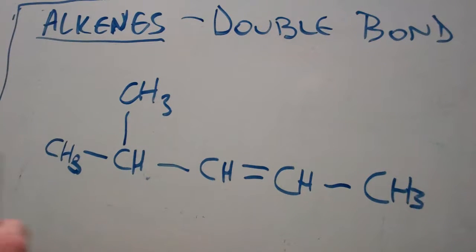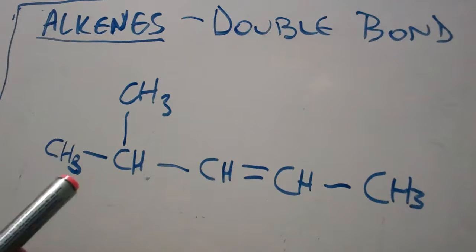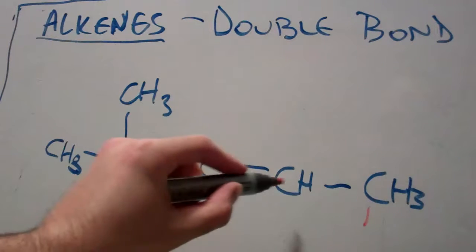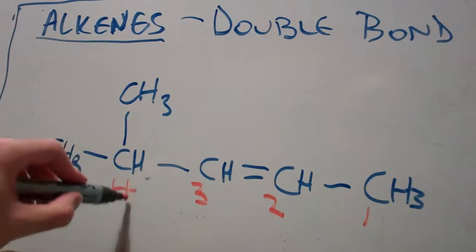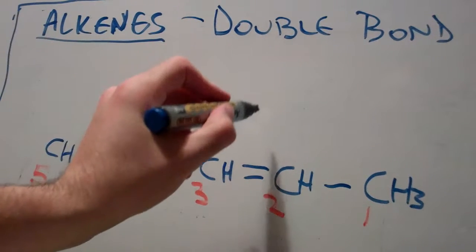We're still going to need to look for the longest chain, but we're going to count from the side closest to the double bond. Okay, we're going to count 1, 2, 3, 4, 5. 5 is our longest chain, so we're looking at a pent.